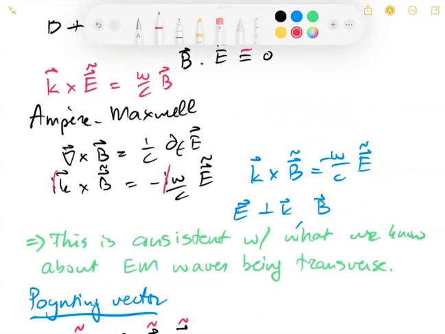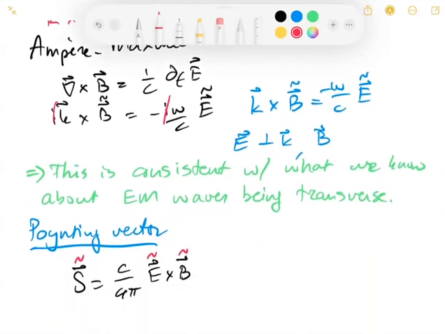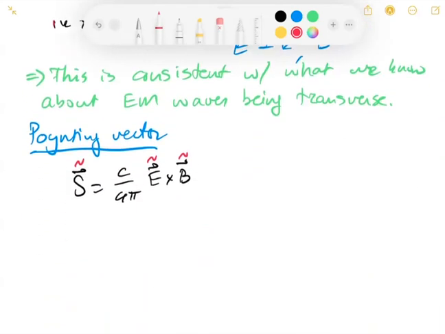We could plug in our expression for E and then get something in terms of B. We'll do both. Okay, so here we go.